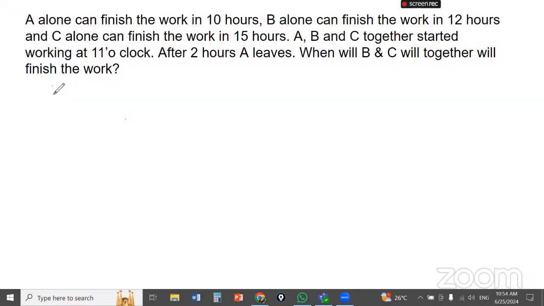So again, we have this 10, 12, and then 15 for A, B, and C. Hours. It's not days, it is hours. Sometimes you might get minutes also. So this is 60. Totally 60 work has to be done.